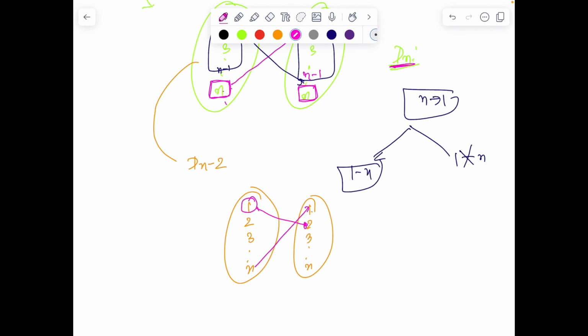Okay, so under this case, what will be the number of the arrangements possible? Now we know the correct position for n was n, so n is not going to n, right? Now 1 should not go to 1, so of course 1 will go to 2, 2 will go to some other object, 3 will go to some other object, and n minus 1 is going to some other object.